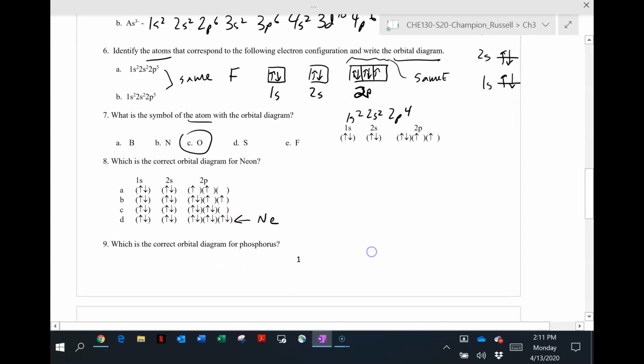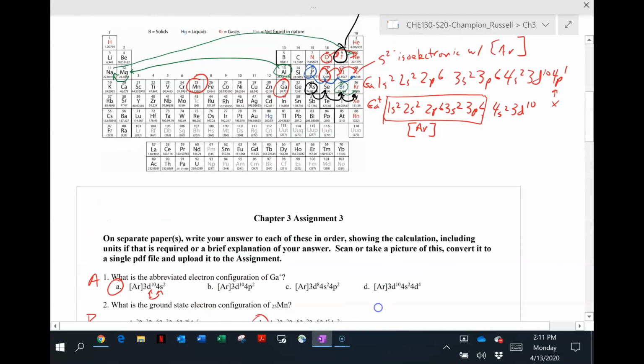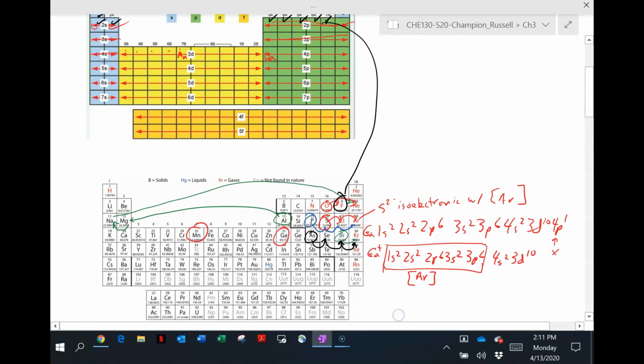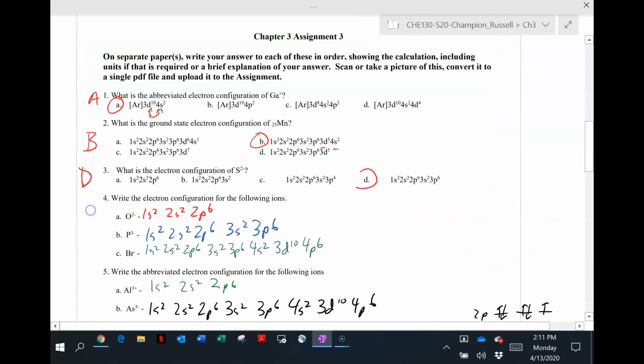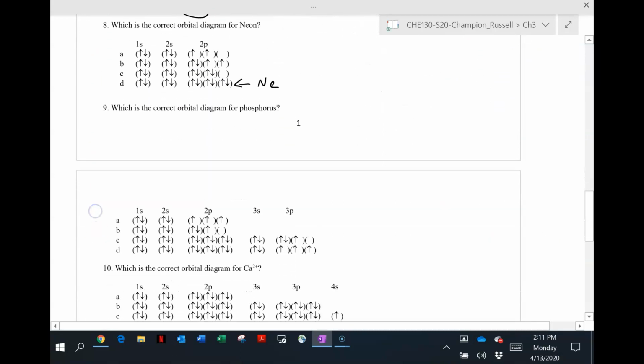Asking for the correct orbital diagram for phosphorus. Well, phosphorus is going to be right below nitrogen, so phosphorus is right about there. So it's going to be ending in the 3p's, and we're going to have 3p3. So if we look at these possible orbital diagrams here, it's going to be one of the ones that ends in 3p.